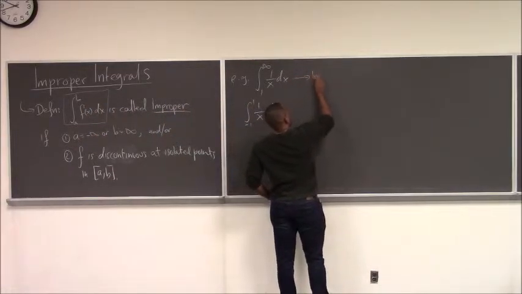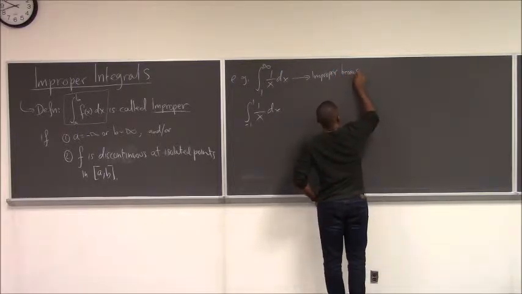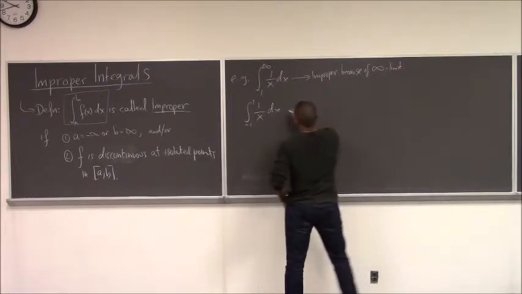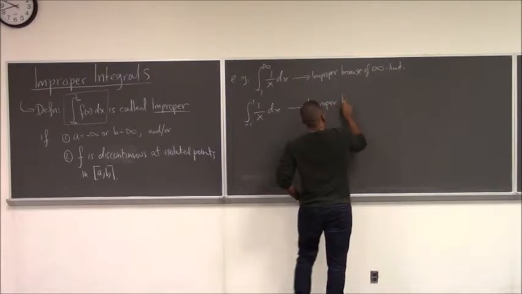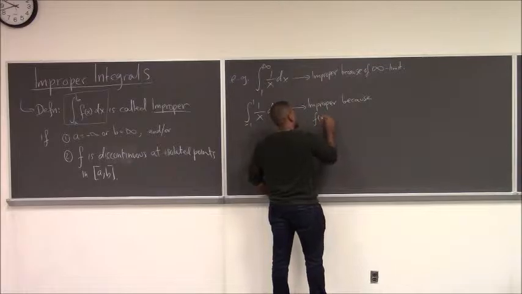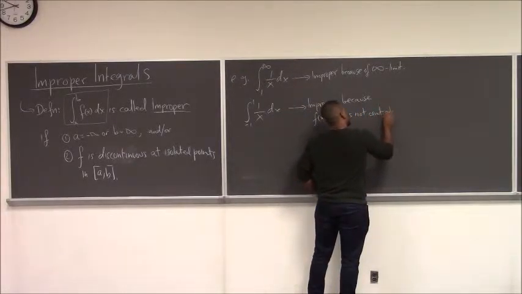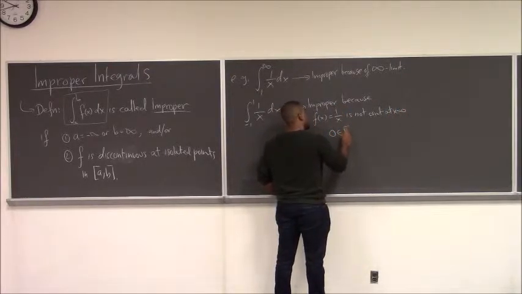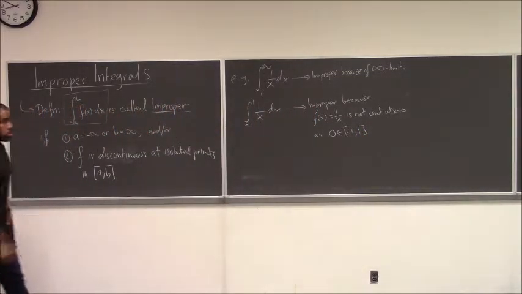So this guy is improper because of the infinity limit. And this guy is improper because f of x equals 1 over x is not continuous at x equals 0, and of course 0 is in this interval. So that's an example of an improper integral.